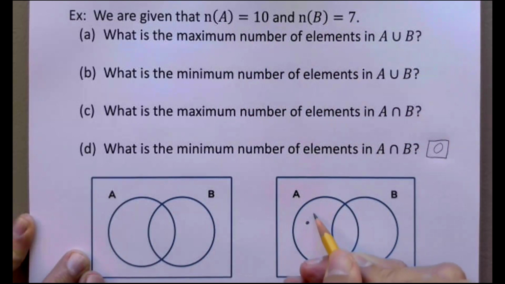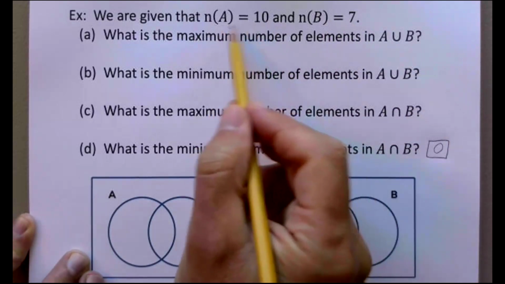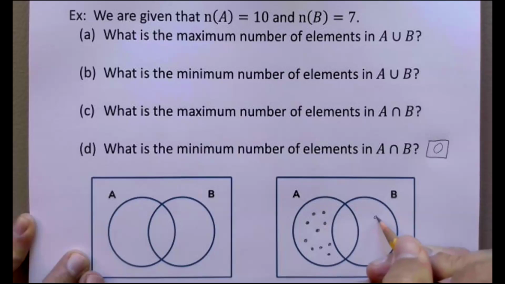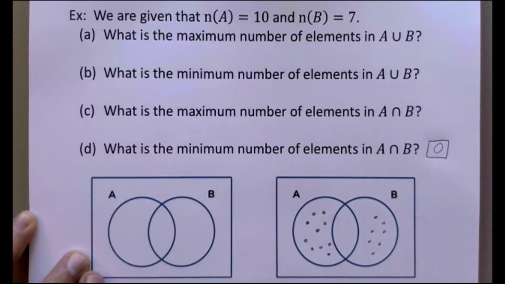I'm just going to draw little people, right? 1, 2, 3, 4, 5, 6, 7, 8, 9, 10. There's 10 people right there. There's 7 people over here. 5, 6, 7. Those are little people right there. And notice I didn't put anybody in the middle. There are 0 people in the intersection.